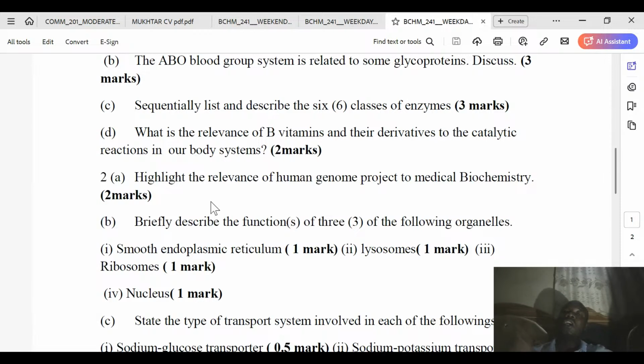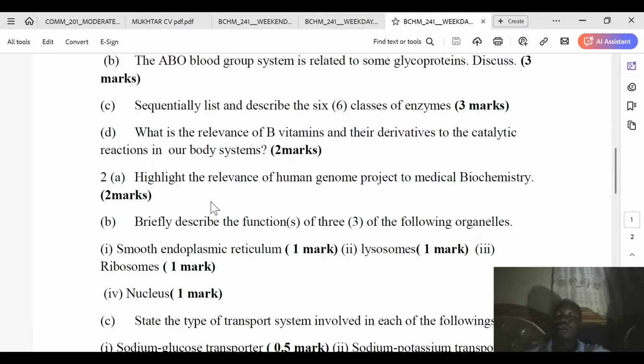We said enzymes are organic catalysts that speed up the rate of a reaction. If a reaction is going to take, let's say, 10 years, with an enzyme it can take just a few seconds. In fact, some reactions take less than a second.